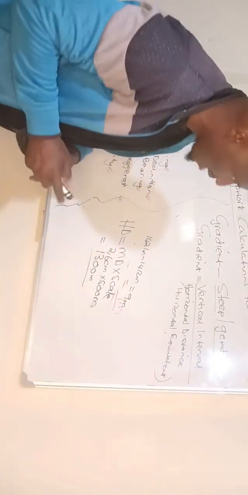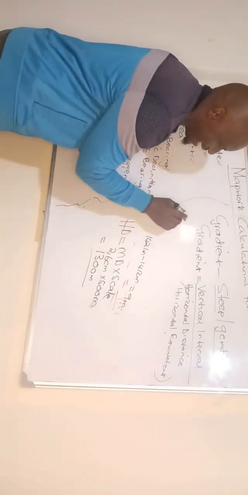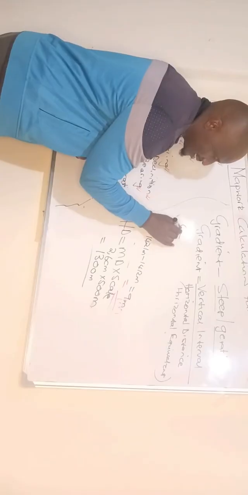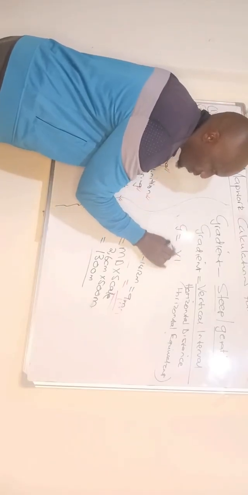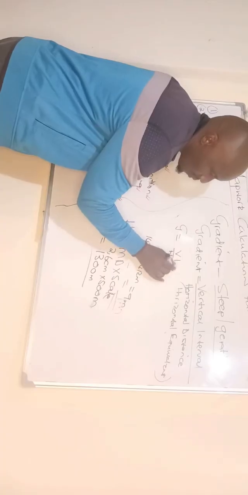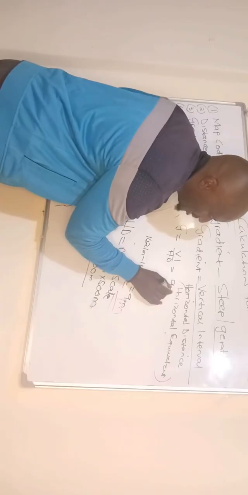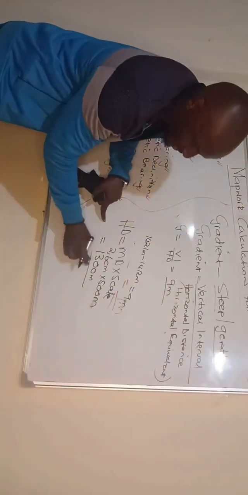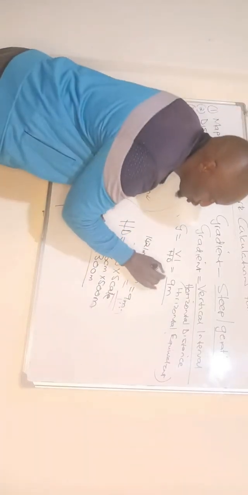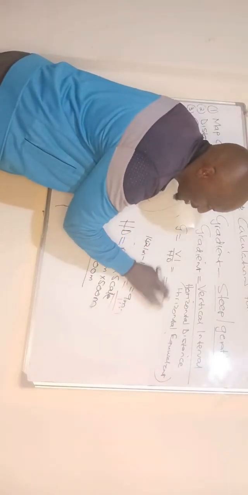So going back to our formula, gradient is equal to VI over HD. What is our VI? Our VI is 9 meters. What is our HD as calculated?